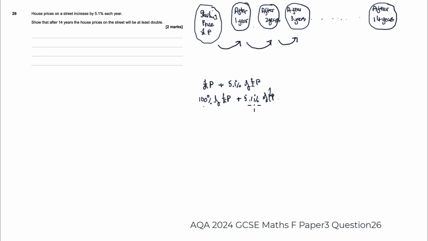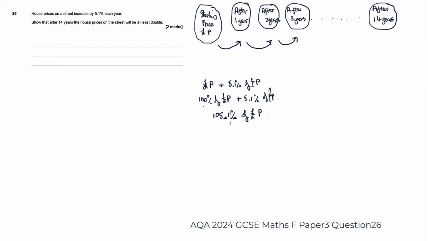That's 105.1% of that initial price. 100%, that's the whole thing, plus another 5.1%. That'll be 105.1% of it.